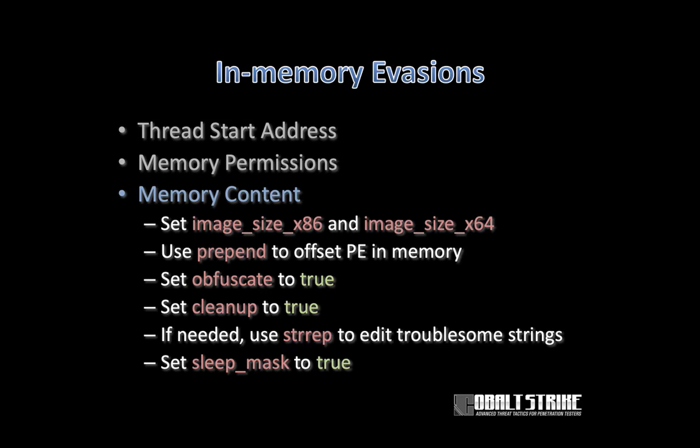If there is a troublesome string, something that is being used in a YARA rule, try using strrep to edit out that troublesome string. Another cool option is sleep mask. When this is enabled, Beacon will obfuscate its code before it goes to sleep. And when the agent wakes up, it will deobfuscate its code. So if something is getting you that is in the Beacon DLL itself, sleep mask is a great way to deal with that.